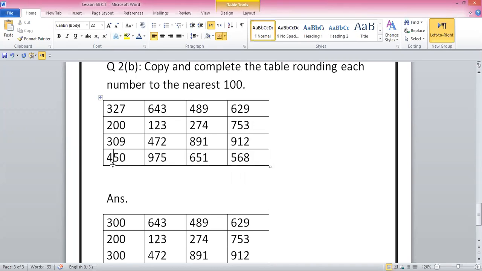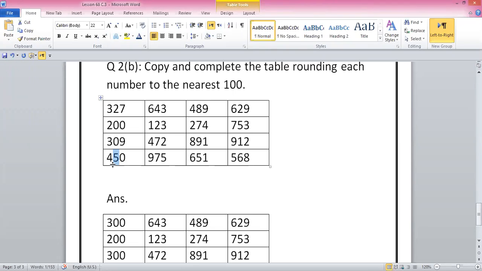Now again you will follow the same formula, same technique. You will check the 100 place, that is 4. Now you will check the number exactly to the right of that, and that is 5. Whenever you have the number 5 or greater than 5 on that place, you will add 1.